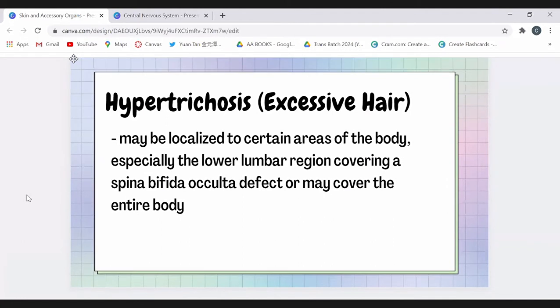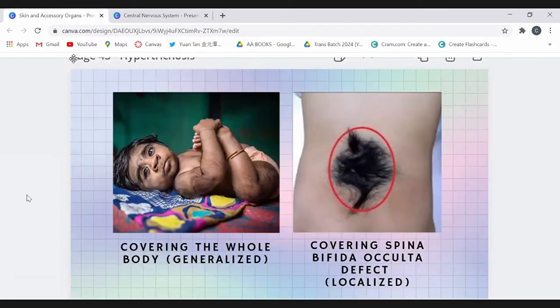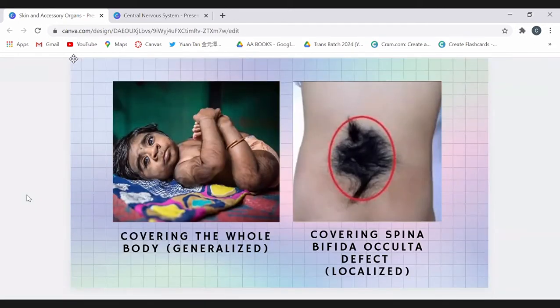It may be localized to certain areas of the body, especially the lower region, covering the spina bifida occulta defect, or may cover the entire body. Next slide, please. So this is where it may cover the whole body or be localized over the spina bifida occulta defect. Next slide, please.